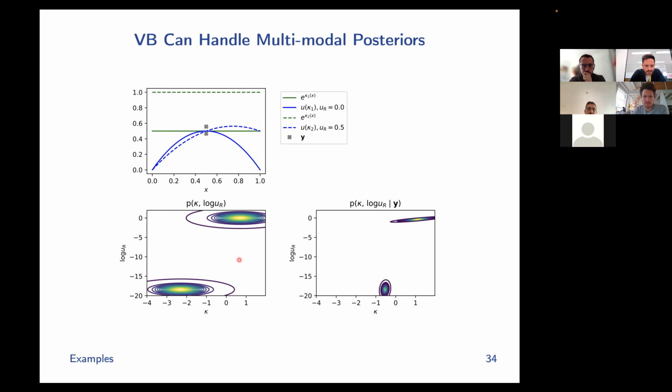So we can express this knowledge in the prior, which is as follows, and then we can do inference by positing a mixture distribution for the approximation, and then we can get a posterior estimate as follows. This is more to demonstrate that if you believe the posterior is multimodal, you can do that with variational Bayes methods.